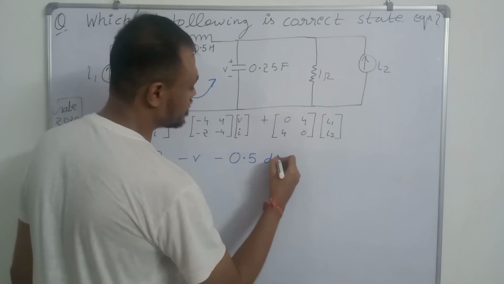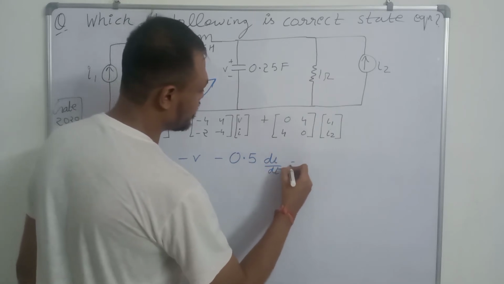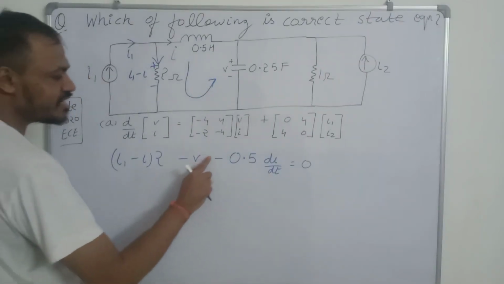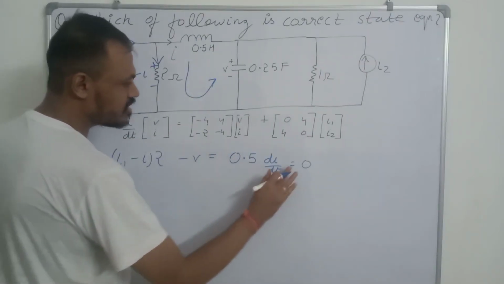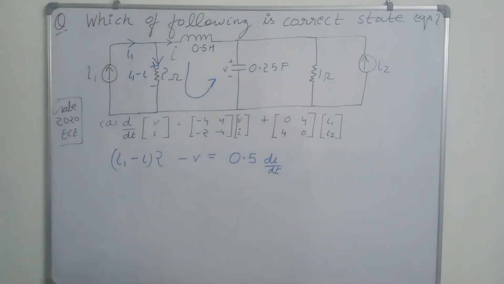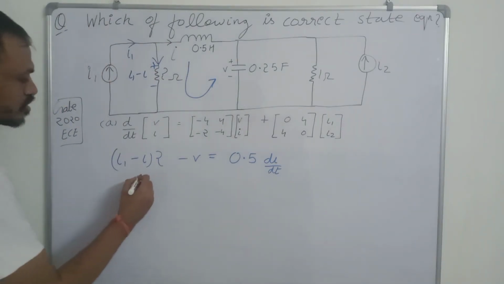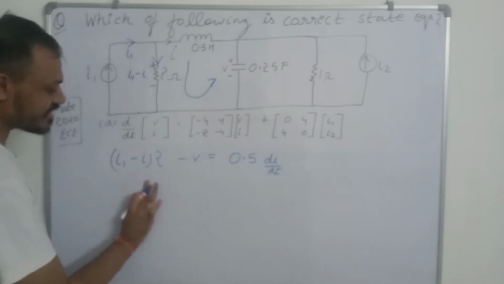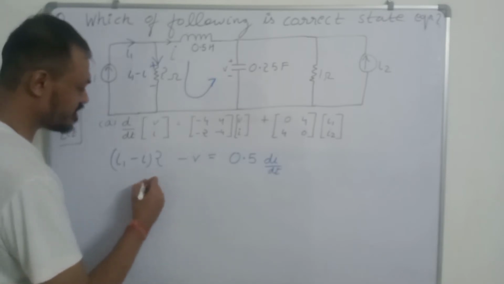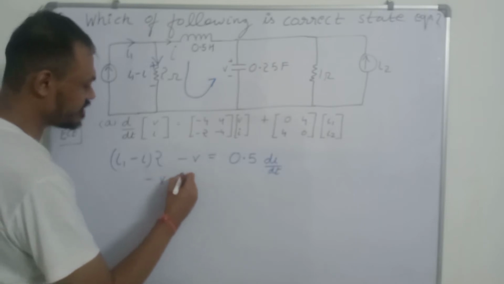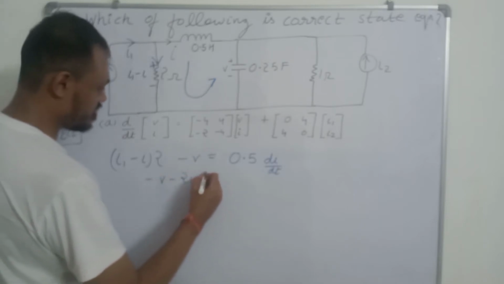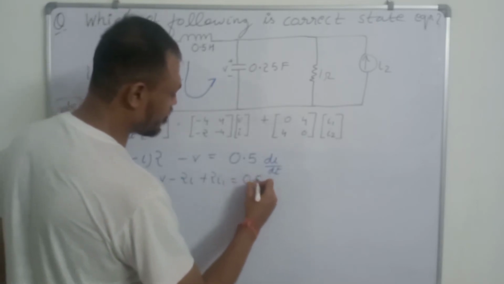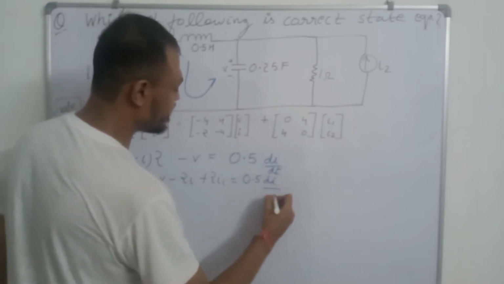Taking di by dt to the right hand side, minus V minus 2I plus 2I1 is equal to 0.5 di by dt.